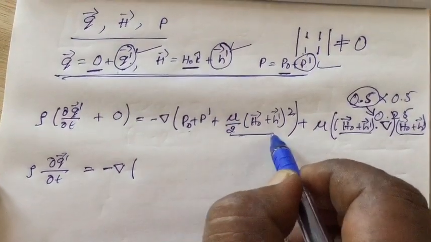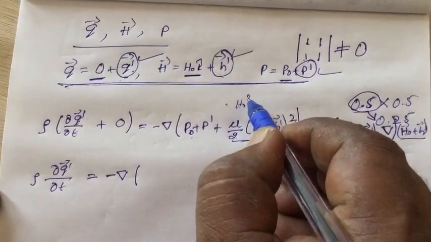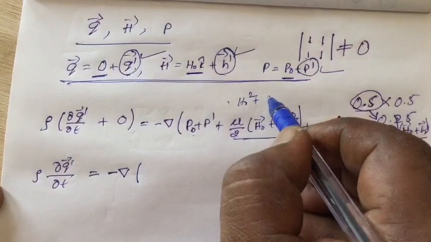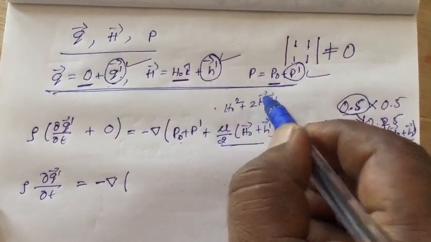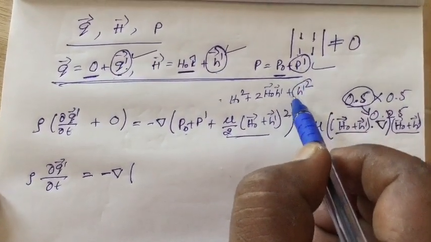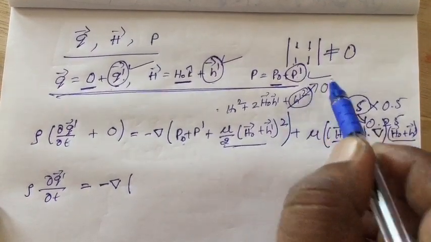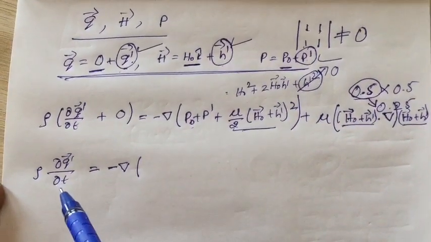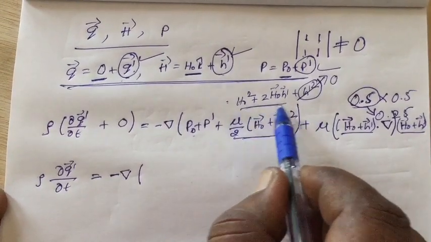Here by expanding this you are going to get mu by 2 outside, h naught square plus 2 times h naught into h dash plus h dash square. Is it right? This is a product of perturbed quantities. That's why I am going to take this as 0, meaning I am going to omit that term. So now remaining are only these two.